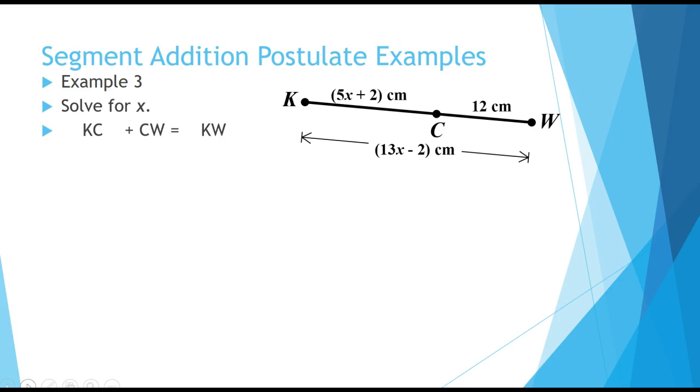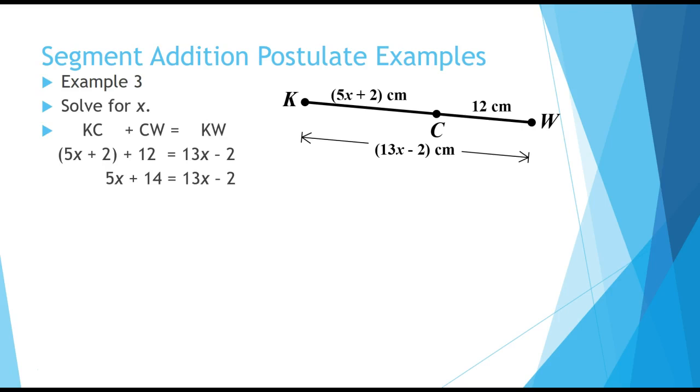For this problem, KC plus CW equals KW. So this part plus this part equals the whole thing. First I'll start by substituting my values. I'm going to combine my like terms on both sides. Then I'm ready to use some equation solving practice.